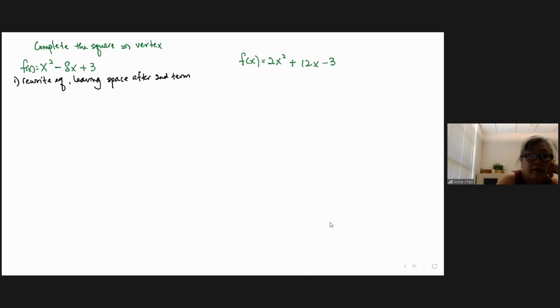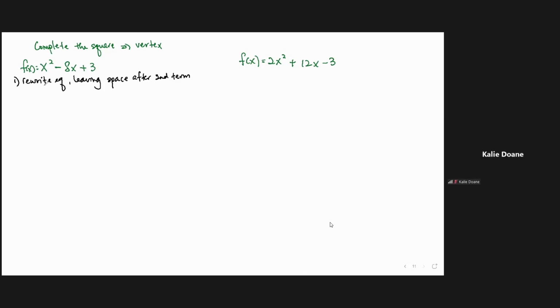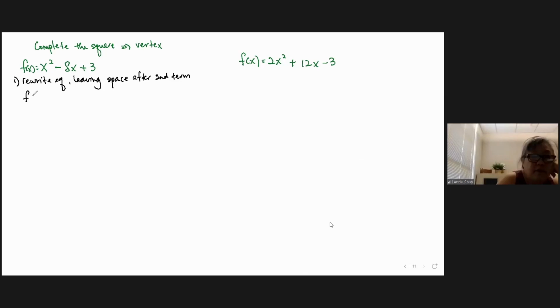You know that, right? Yes. Okay. So I'm going to rewrite it as f of x equals x squared minus 8x, leave space, plus 3. And it will always be plus. You know how I know this? Because I square it.